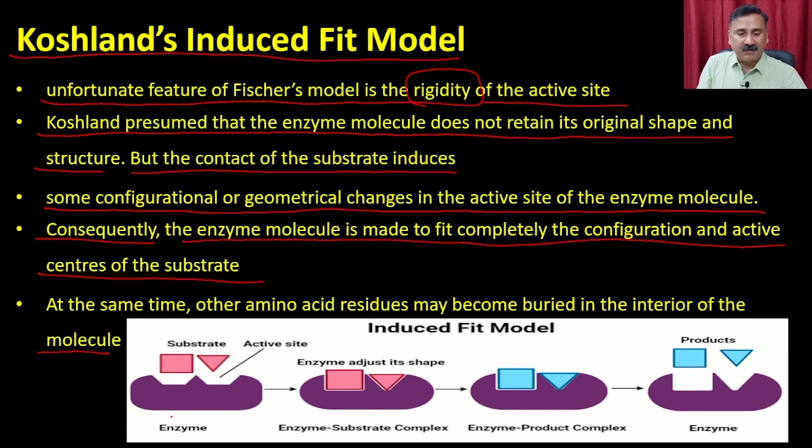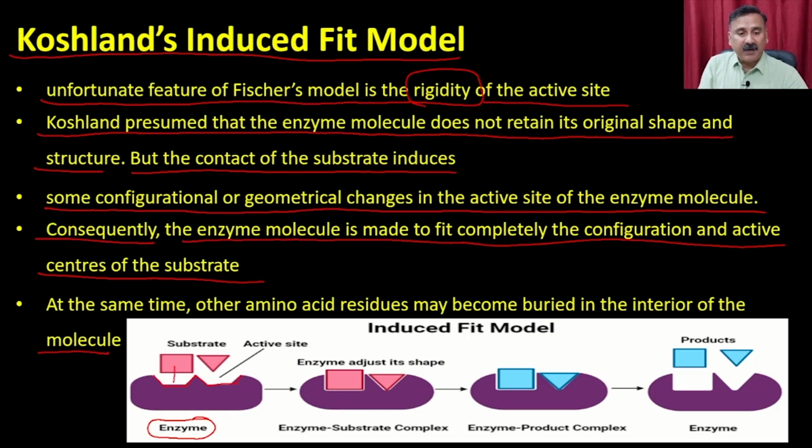So this is what it says, that the enzyme does not have a predefined three-dimensional structure or a predefined three-dimensional binding site. You can imagine that this is the active site, which is very relaxed in terms of the binding site, and the substrate has two different types of groups. One is a square and another one is a triangle, right?